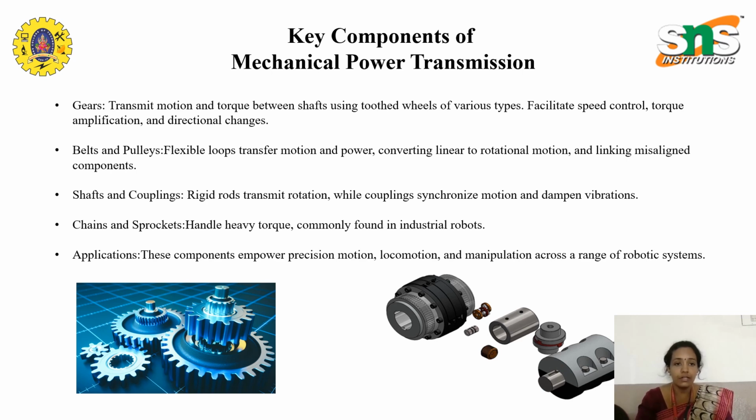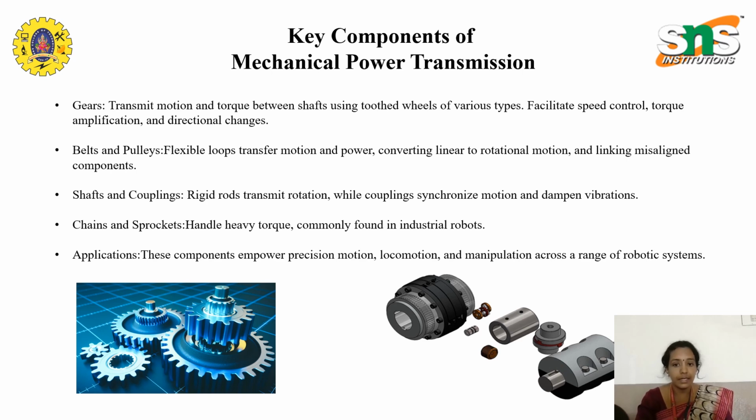The gears usually transmit motion and torque between the shafts using toothed wheels of various types. This usually facilitates speed control, torque application, and directional changes. Belts and pulleys: flexible loops transfer motion and power.